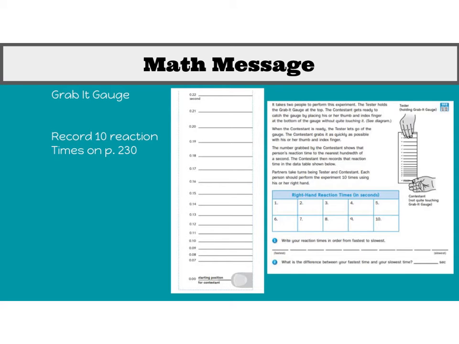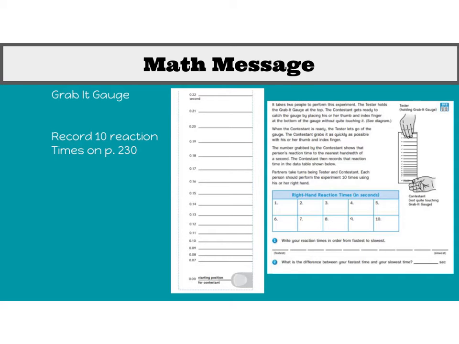Now, since you are doing this virtually, you're not going to have a copy of this page. So we're going to talk about what kinds of things we could use instead of having that particular document. But before we do that, let's take a look at the directions over here that are going to explain what you are going to do.